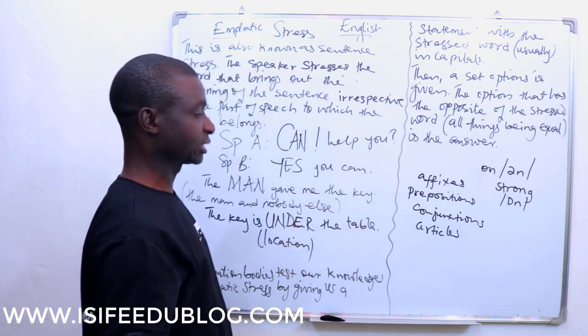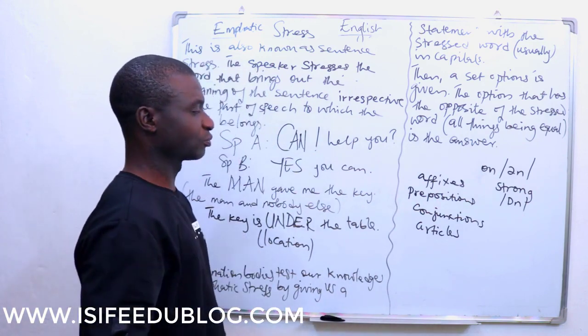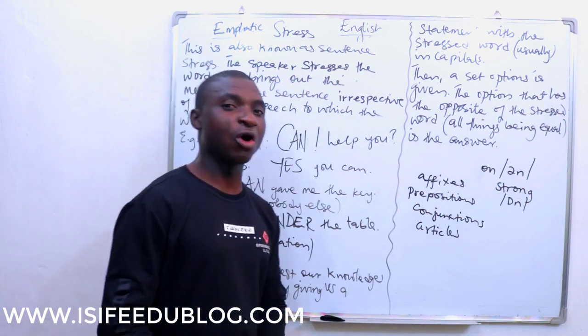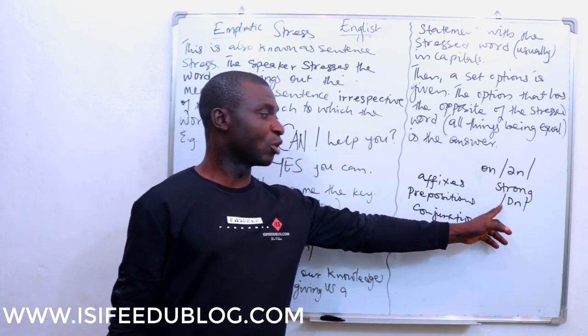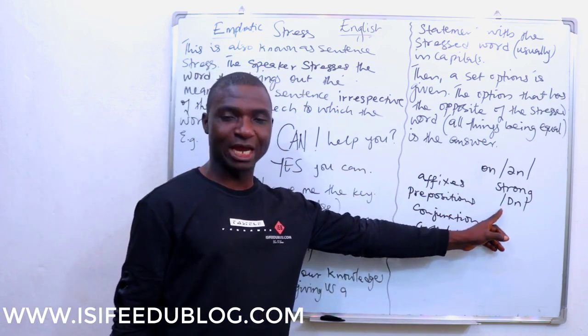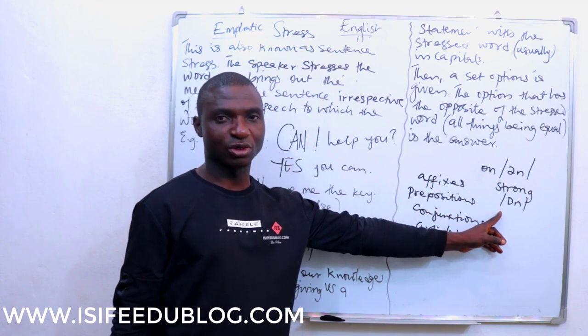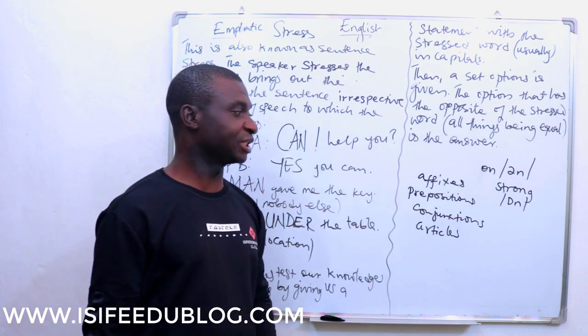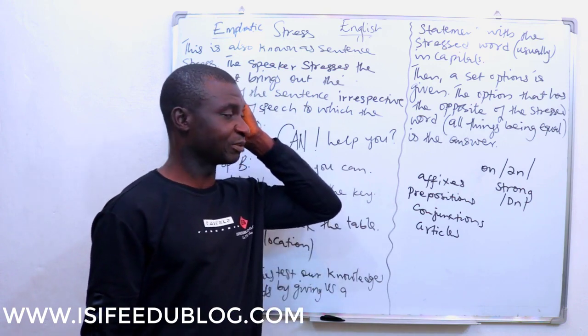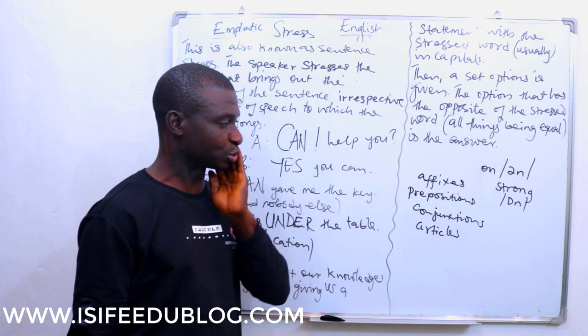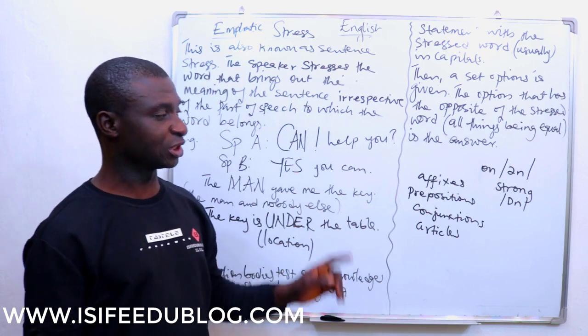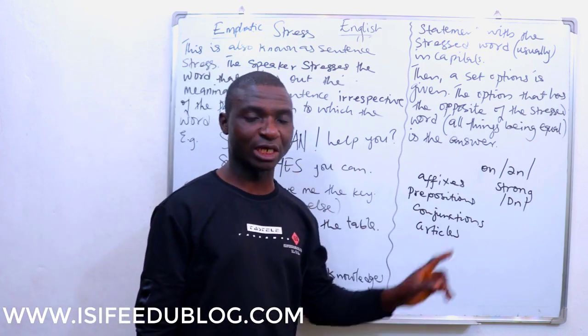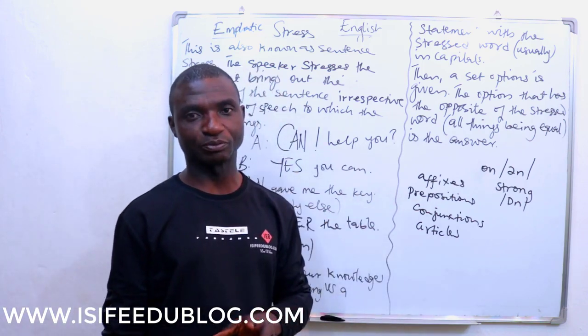What is the essence of these 2 transcriptions? Please note, all monosyllabic words, no exception, be it a verb, be it an adjective, be it a noun, be it a pronoun or a preposition, all monosyllabic words are stressed in isolation.